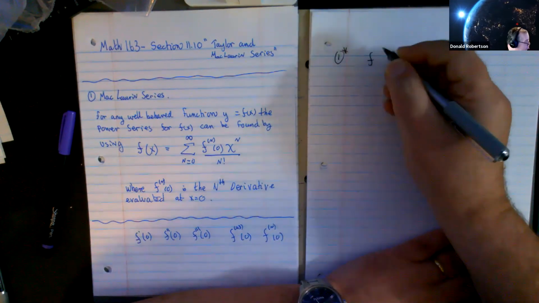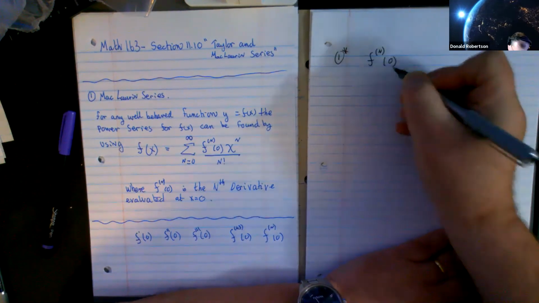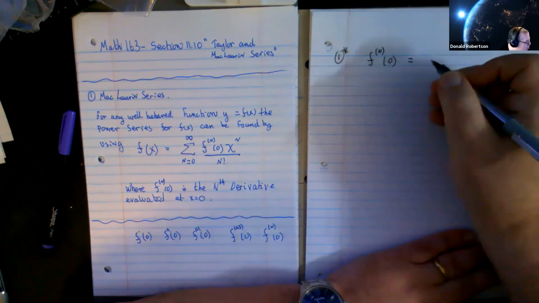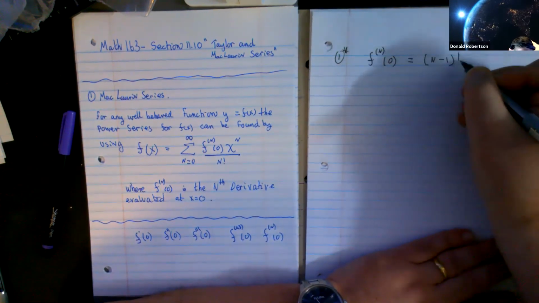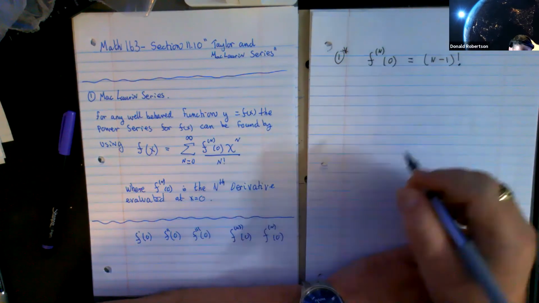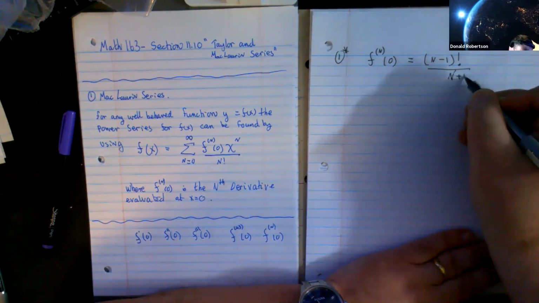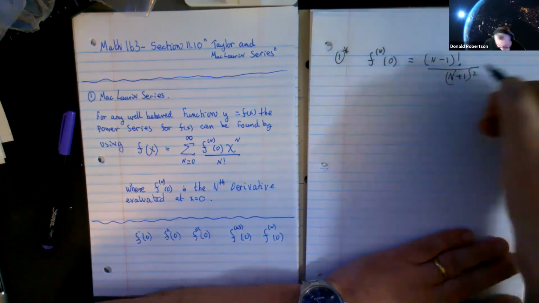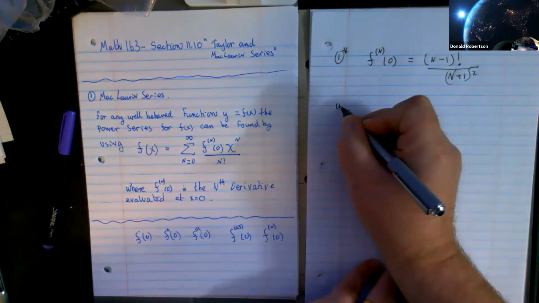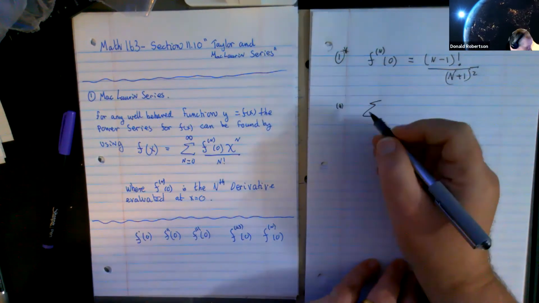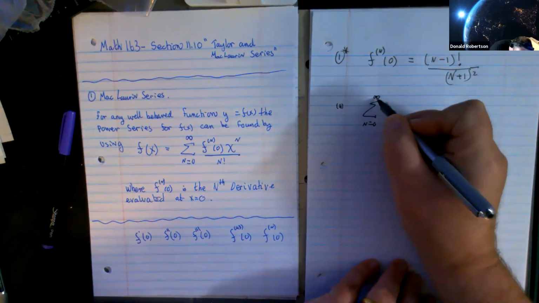Imagine that you are told the formula for the nth derivative of some function at 0, and you are told that it is n minus 1 factorial over n plus 1 squared. I'm just making it a little bit different than their question 1. In the first part, you're being asked to create its Maclaurin series.